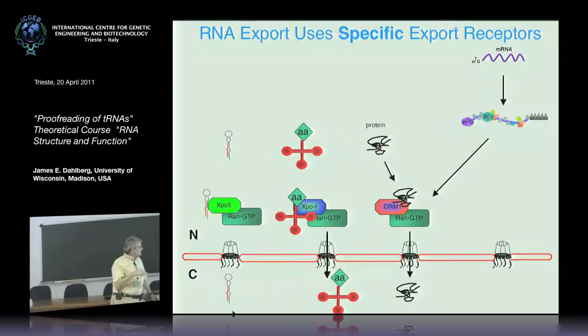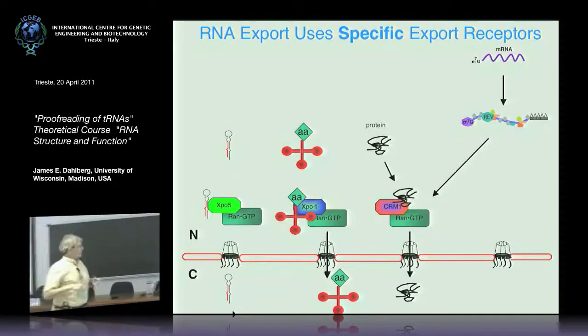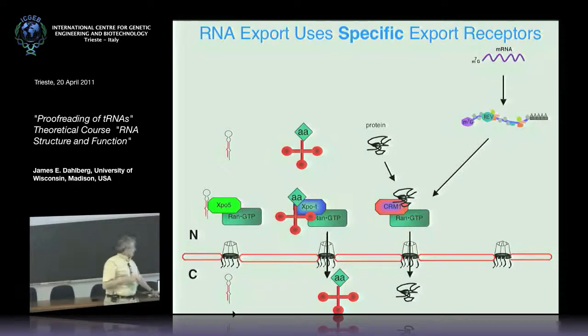The RAN-GTP CRM1 complex is responsible for taking this particular form of the HIV message into the cytoplasm. So this is a case where a messenger RNA is brought into the cytoplasm by way of interacting with an adapter, the Rev protein.